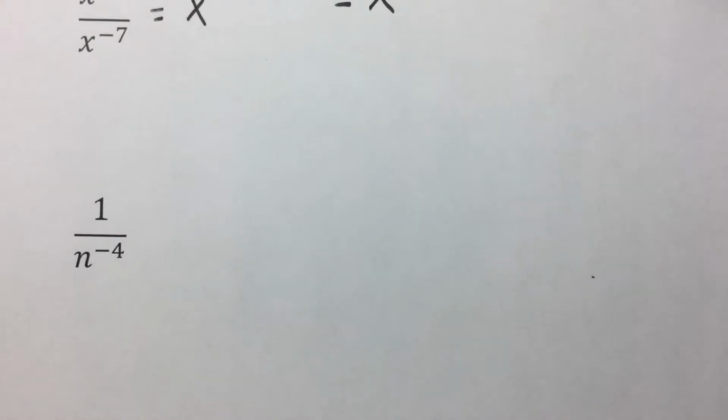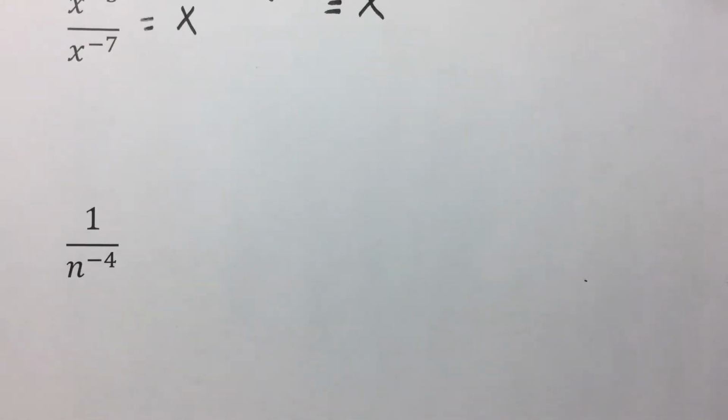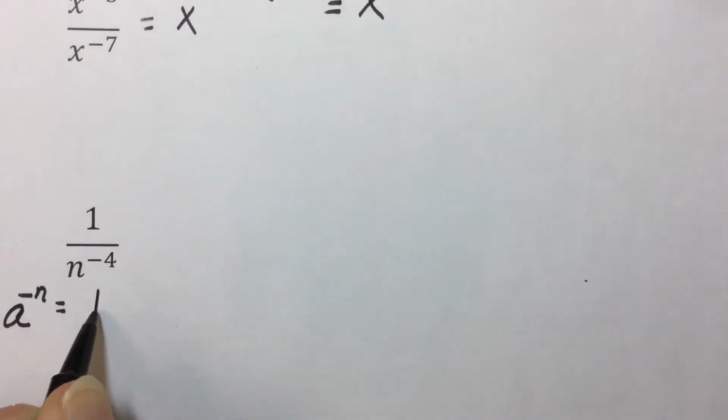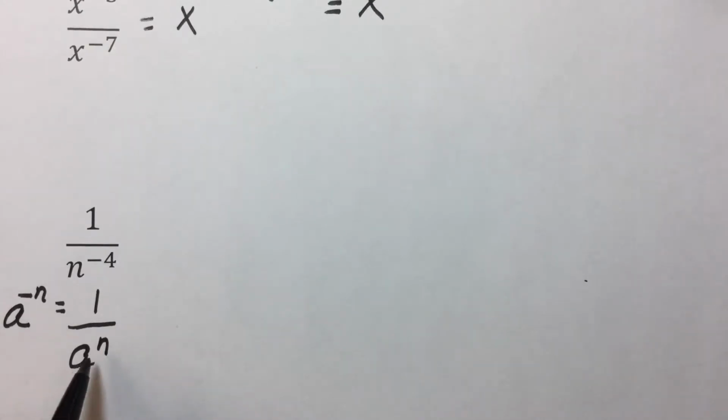In this next example, we have 1 over n to the -4. Think about the negative exponent rule. We have a to the -n is equal to 1 over a to the n. So we're taking this negative exponent and putting it in the denominator.